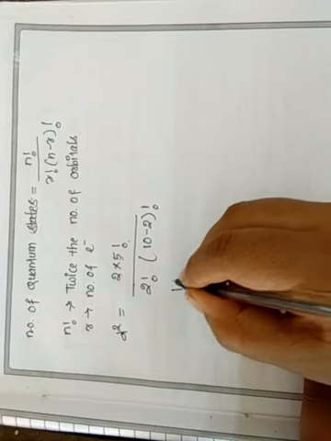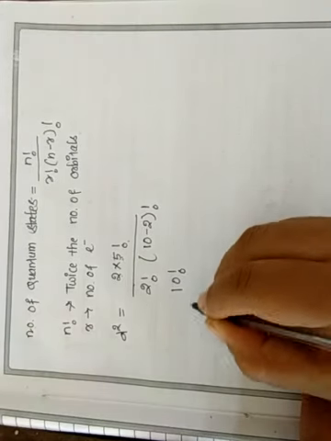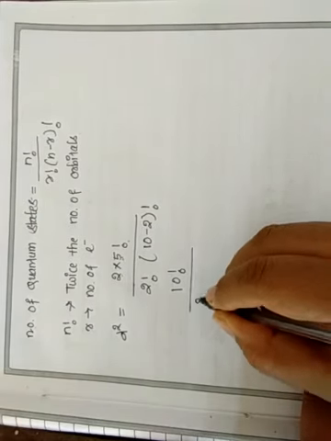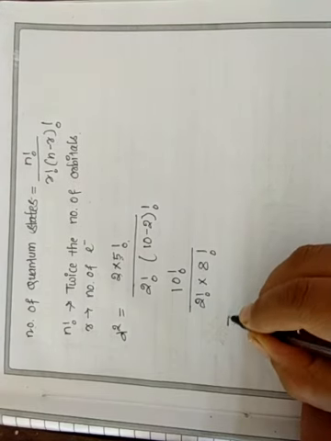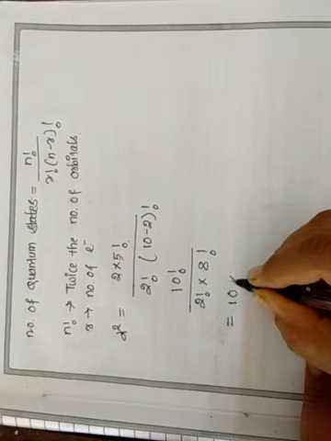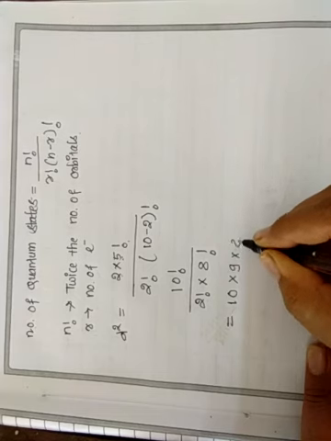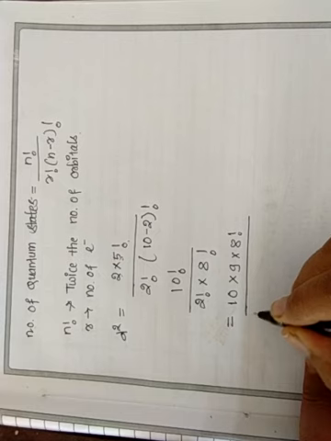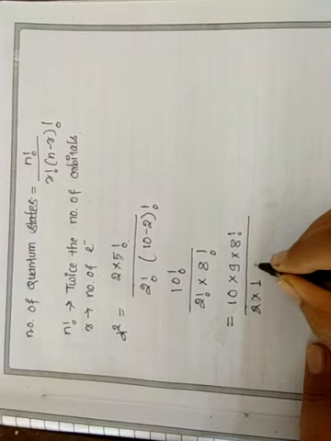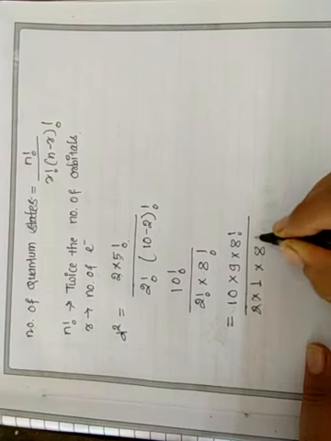So again 10 factorial, next part 2 factorial into 8 factorial. So again 10 into 9 into 8 factorial divided by 2 into 1 into 8 factorial, isn't it?